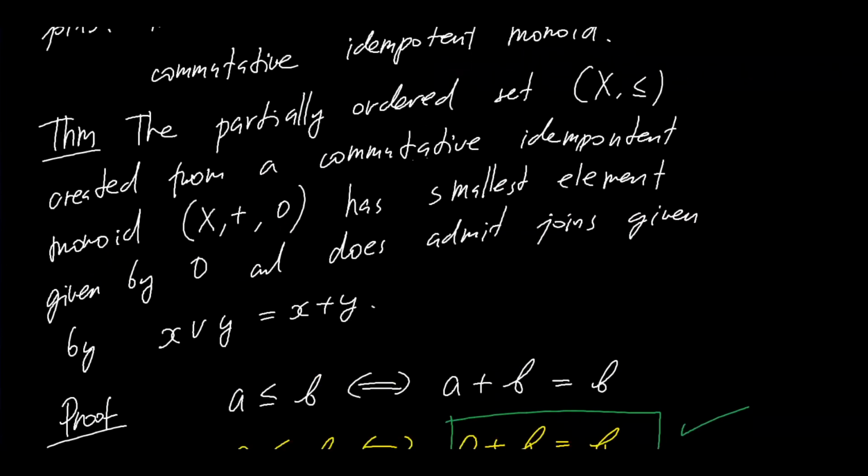So this theorem tells us that when we begin with an idempotent commutative monoid, I create a partially ordered set. That thing will have joins, will have a smallest element, and the join will be plus, the original operation I started with. The smallest element will be the identity element.